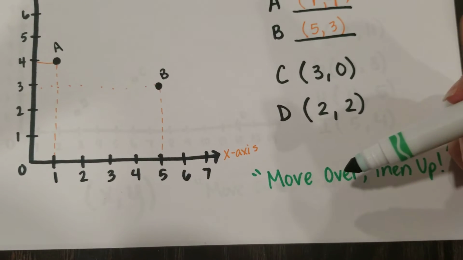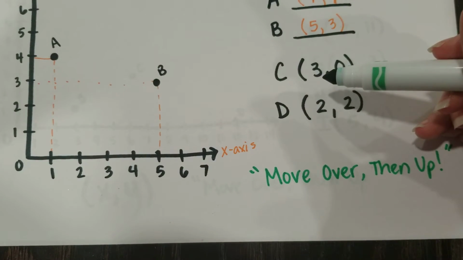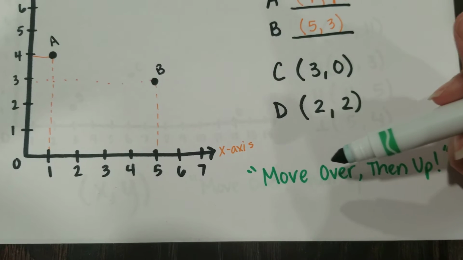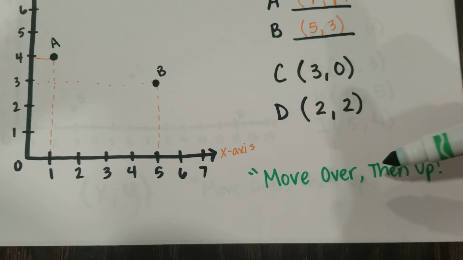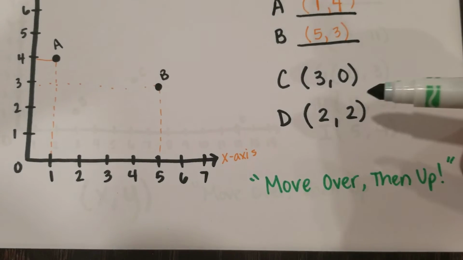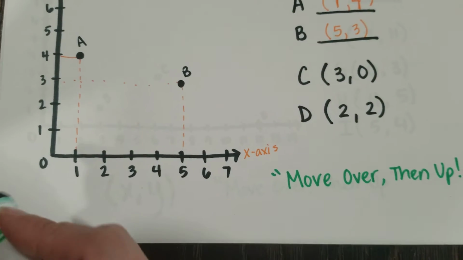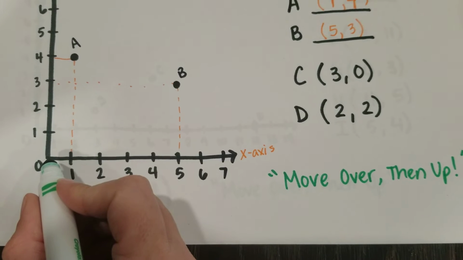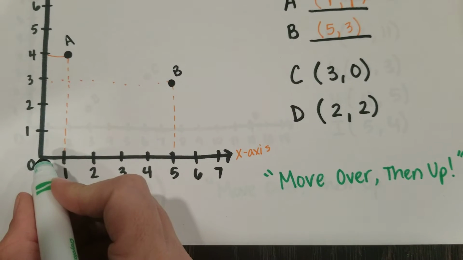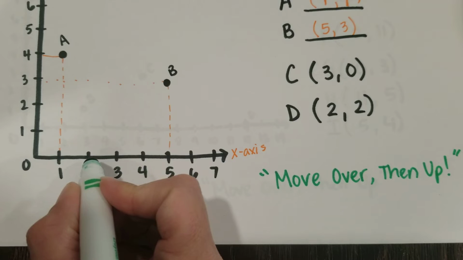And this is what I always remember. To make sure I do my x-coordinate first, I have to move over, then up. Okay, I'm going to show you what I mean by that. So to plot 3, 0, I'm going to start at my origin, and I'm going to move over 3. 1, 2, 3.